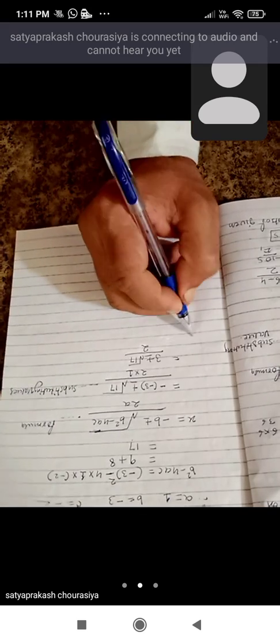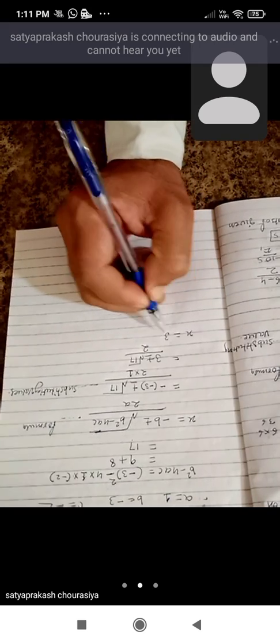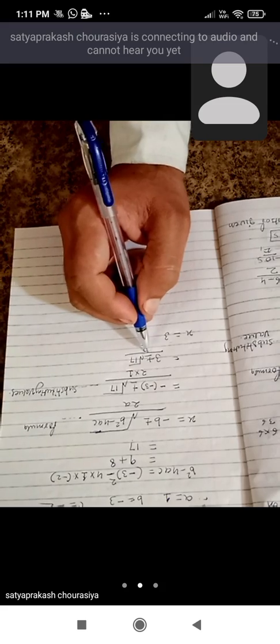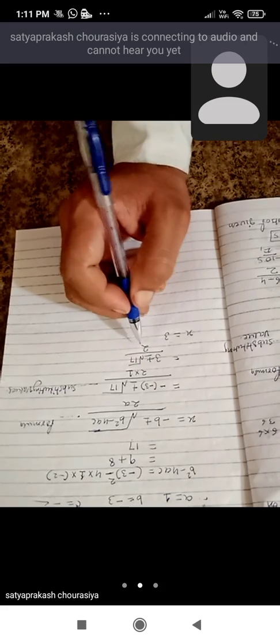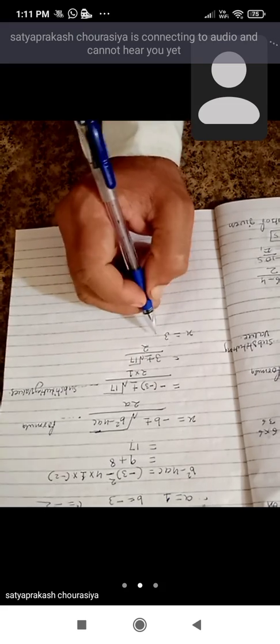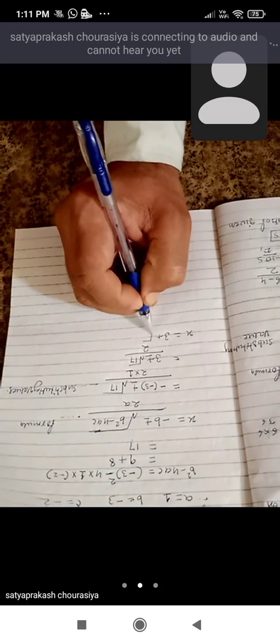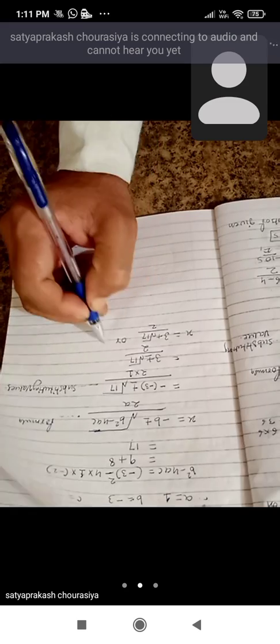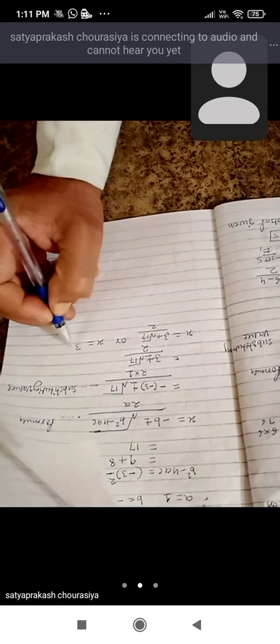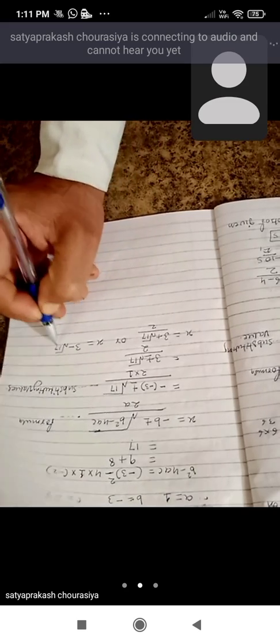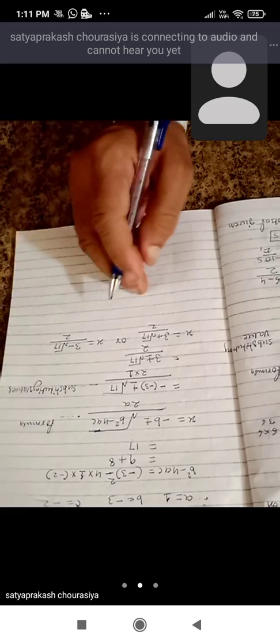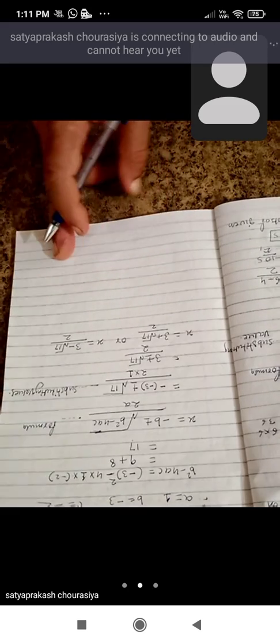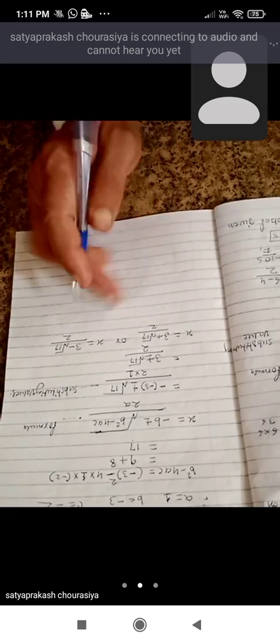Now split into two parts, because before this square root there is a two sign, positive sign and negative sign. So x is equals to 3 plus under root 17 upon 2, or x is equals to 3 minus under root 17 upon 2.